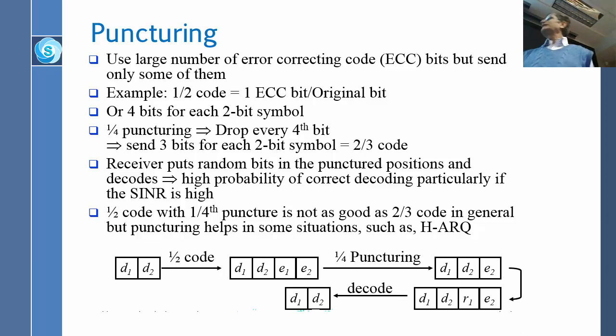So it can correct that and say, well, R1 should be that. And then you can get D1, D2 with very high probability, right? Now, they have proven it mathematically that it is much better to do this 4-bit coding and then drop 1 bit than to just do a 3-bit coding. I mean, they could have just gone from here to there, 3x2 code, and then not have to do this R1 business, but they found out this is better.